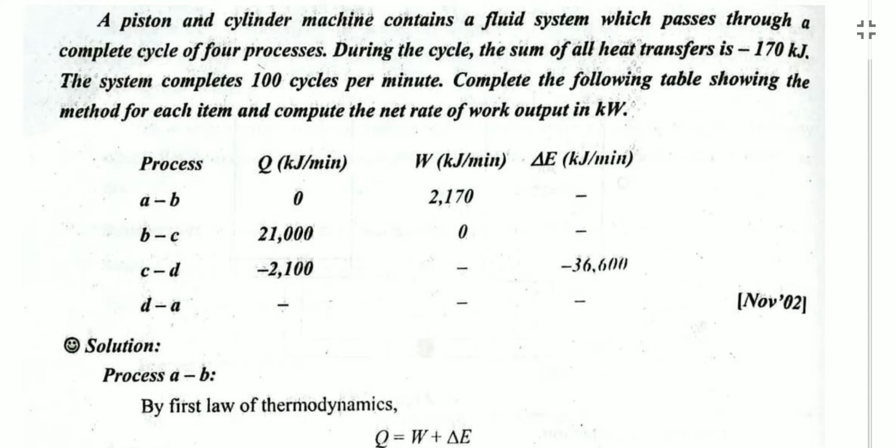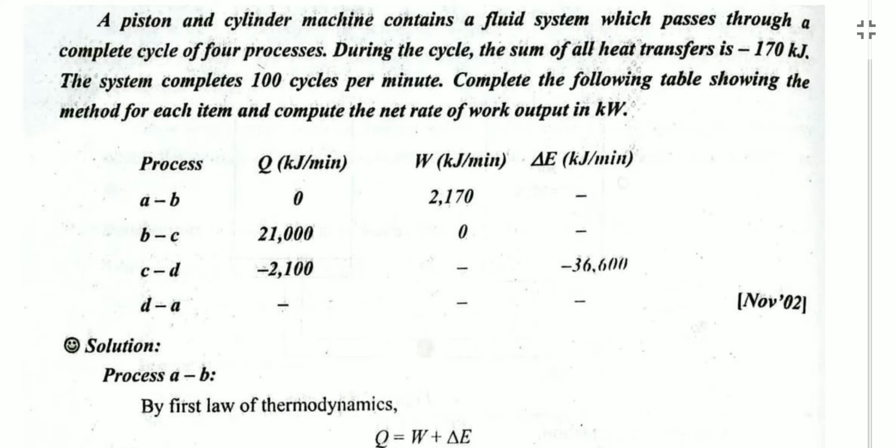Okay. So here we have to find out the complete work transfer. Sum of all heat transfer is given. In the first process, heat transfer is 0, work done is 2170 kilojoule per minute, and delta E is not given, so we have to find it.